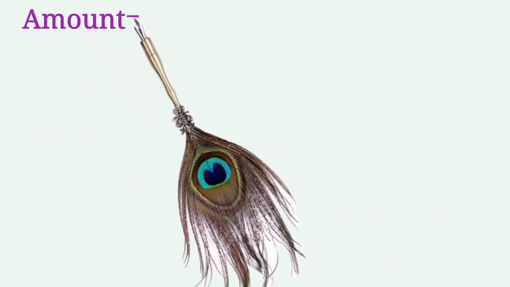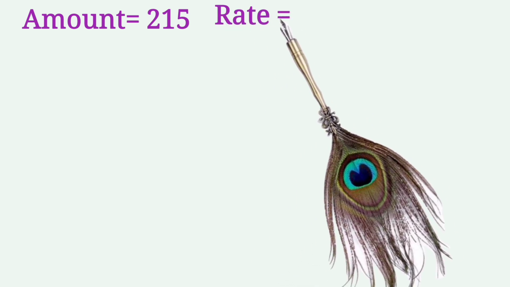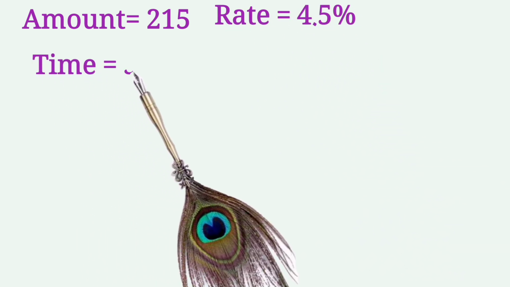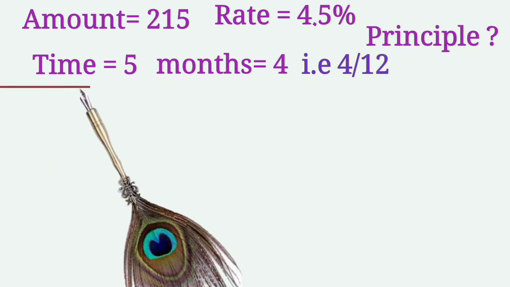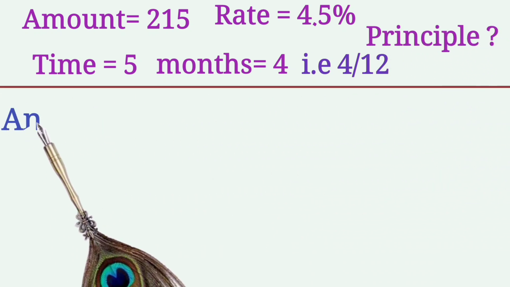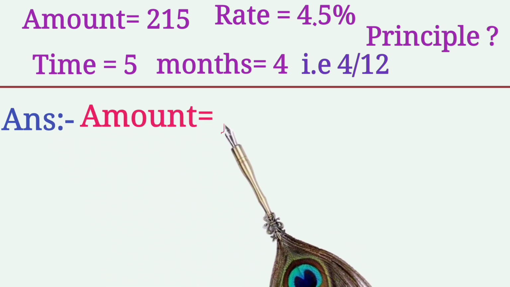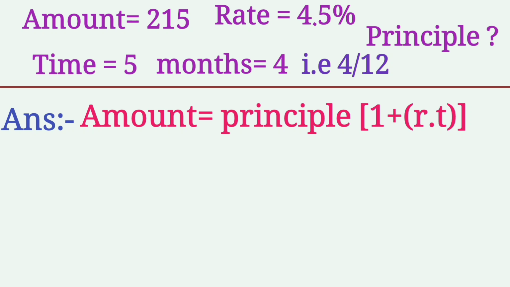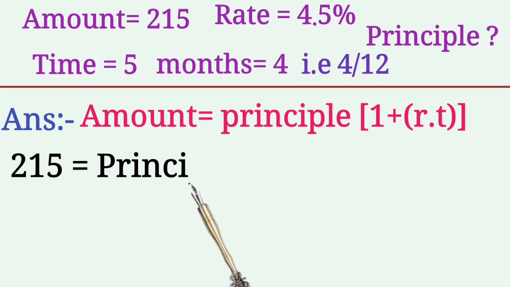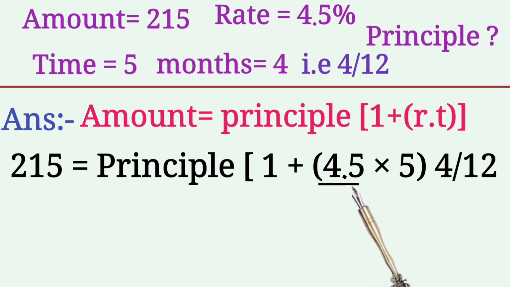Solution for question 5: the amount is 215, rate is 4.5%, time is 5 years 4 months, where we calculate 4 months as 4 by 12, and we need to find the principal, which is Q. The formula is amount equals principal into 1 plus R into T. Step 1 is 4.5 divided by 100 into 5.